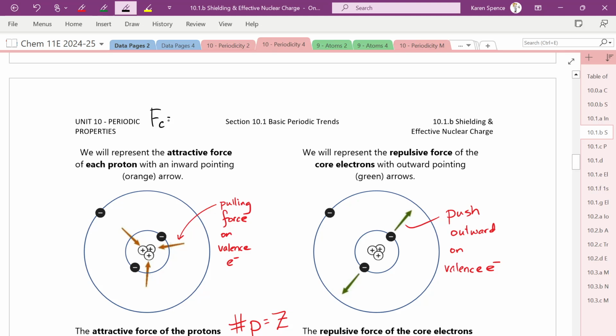Coulombic force is equal to k Q1 Q2 over r squared. Or if you prefer, you can say that the Coulombic force is proportional to Q1 Q2 over r squared.